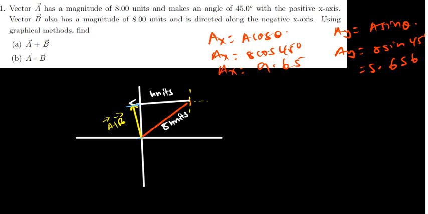Okay, cool. And then if I resolve B, what are we going to have? Bx is going to be 8 cos 180. What is the answer? Isn't it negative 8?